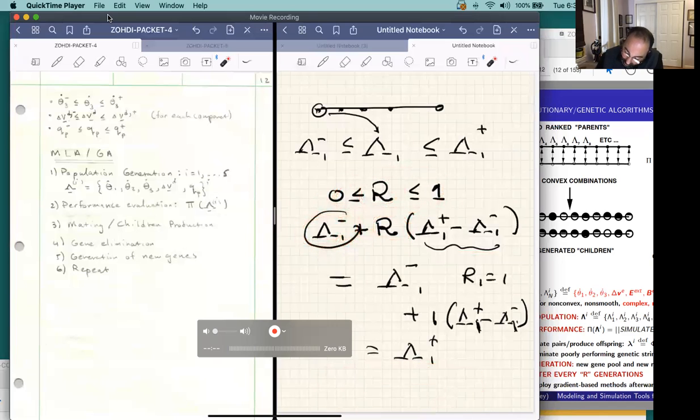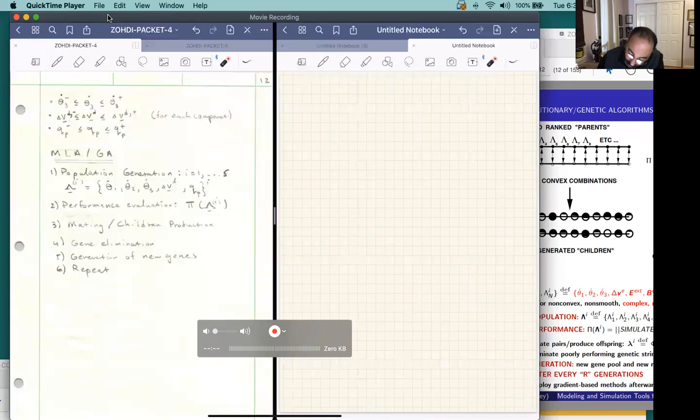So what I do is I do this for all of the different variables, for this variable, for this variable, with the following simple algorithm. I take the lower bound, I add a random number generator multiplied times the upper bound minus the lower bound.